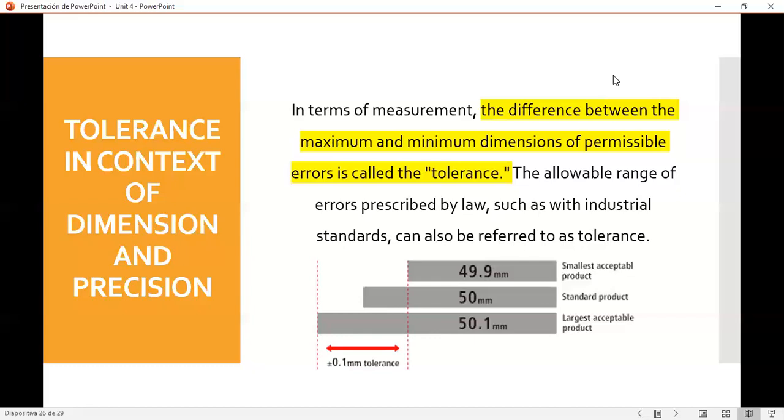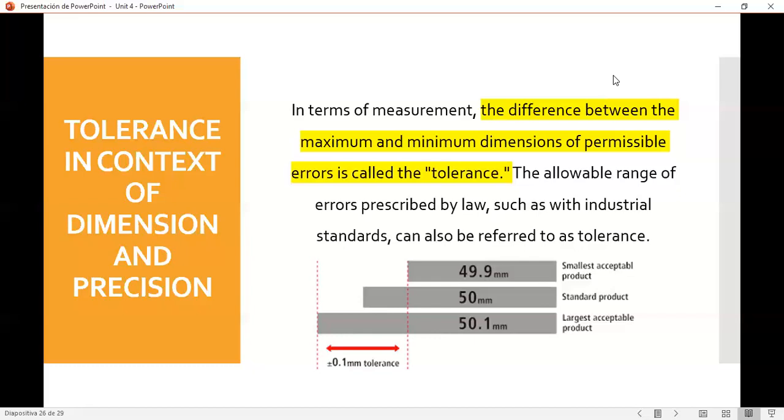Now, take a look at the picture that I just put below. You have three different numbers: 49.9 millimeters, 50 millimeters, and 50.1 millimeters. Look at the one in the middle, the 50 millimeter. It says a standard product.